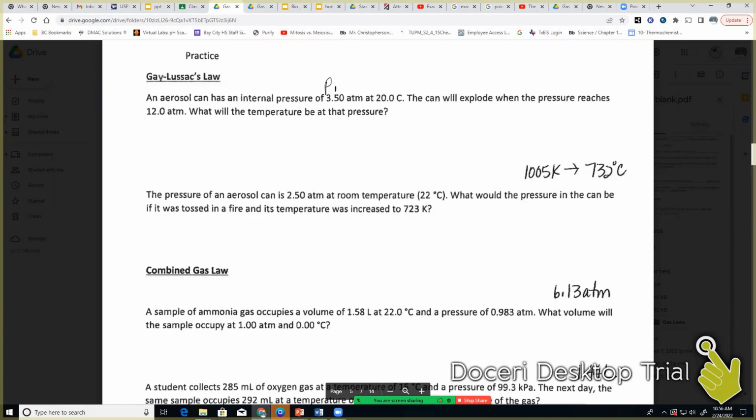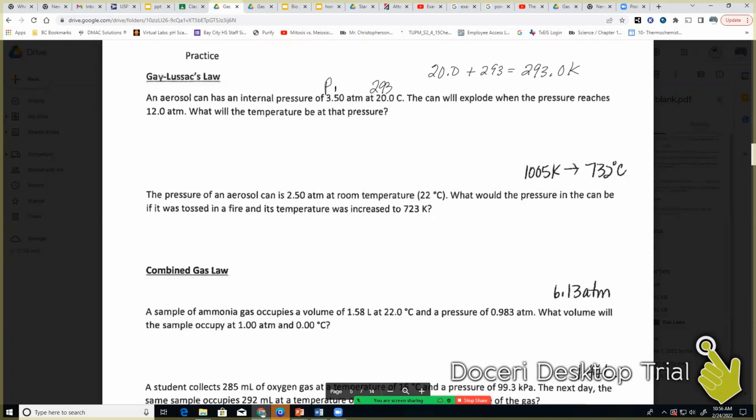That's my P1 at 20.0 degrees Celsius. So I need to change that to Kelvin. When I add 273 to that, it becomes 293.0 K.